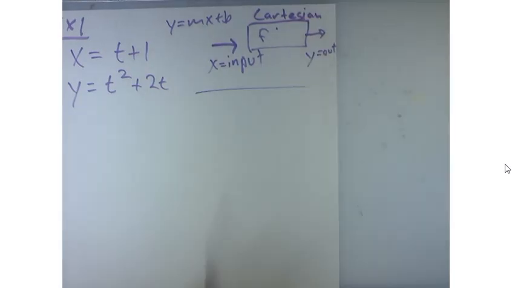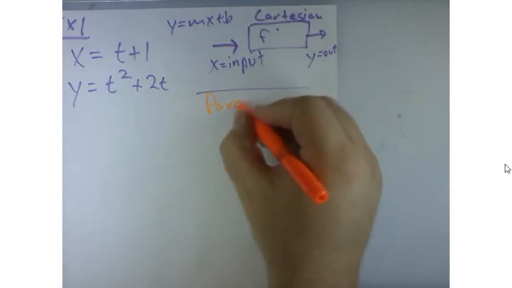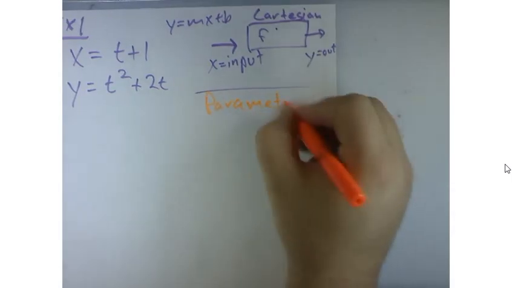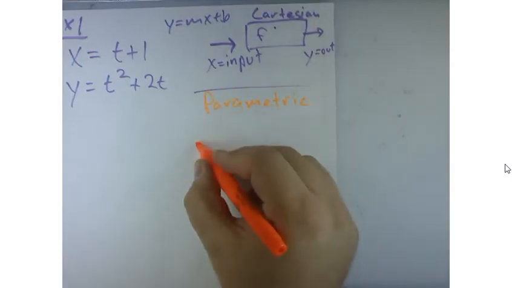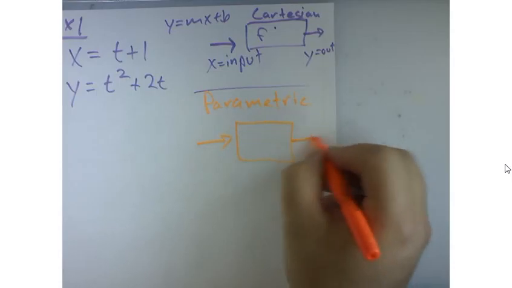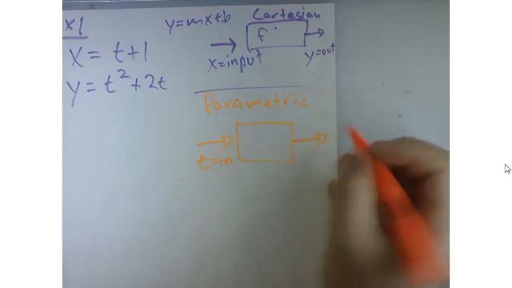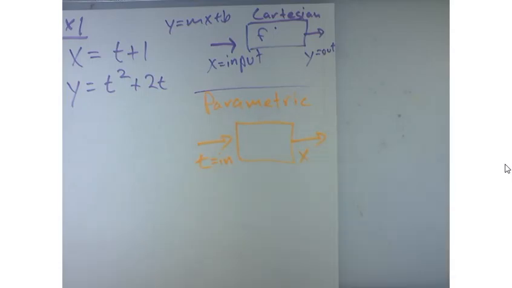Now, I'm going to write this in a different color. For parametric, can you guys see that okay? For parametric, it's a little different. Here, we get different values. We're going to plug in some value for t, that's the input, and we'll get an x value out of it.